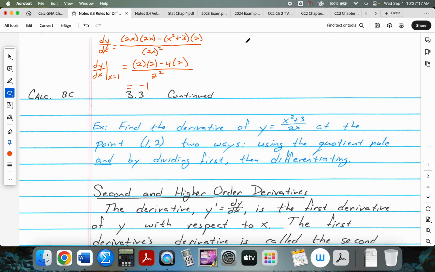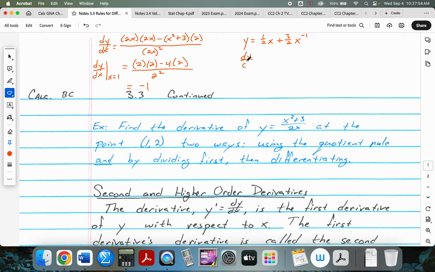If we divide first, x squared over 2x is 1/2 x, plus 3 over 2x is 3/2 x to the negative 1. Now, instead of using the quotient rule, we can use the power rule and the constant multiple rule to find our derivative.